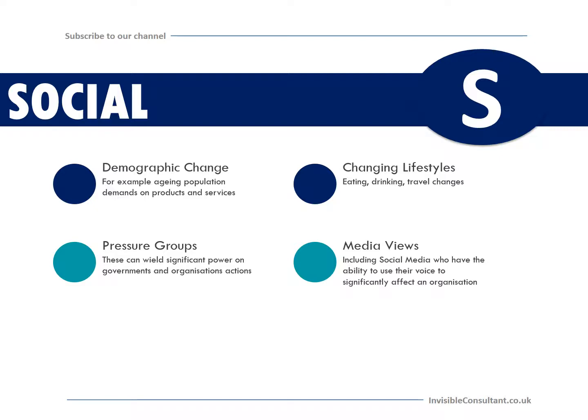Pressure groups. These can yield significant power on governments and organisations' actions. Changing lifestyles. Just consider our attitudes towards eating, drinking and travel and how they've changed over the years. Media views. Including social media, the media have the ability to use their voice to significantly affect an organisation.